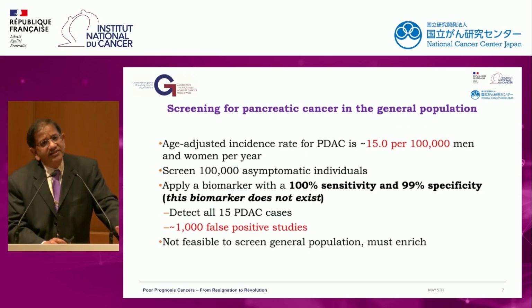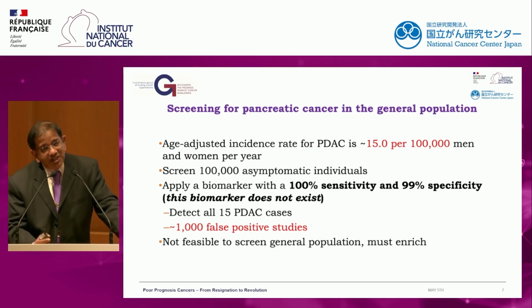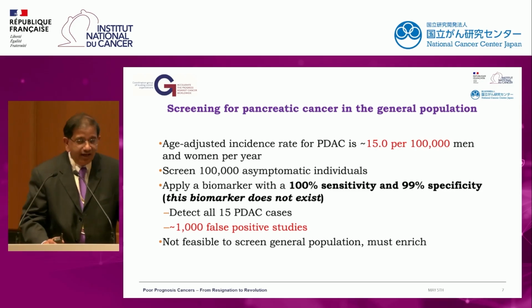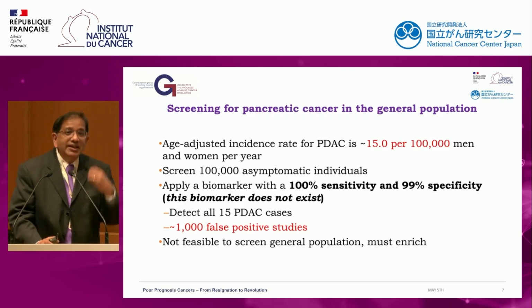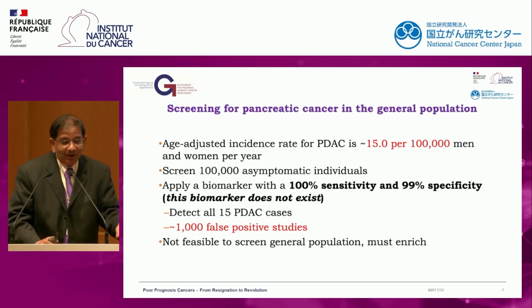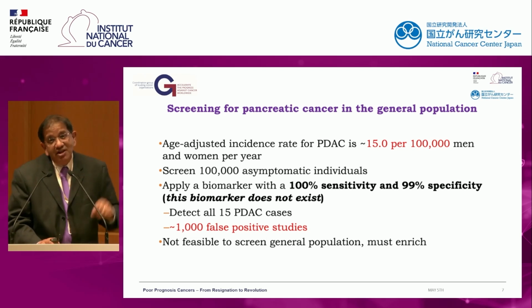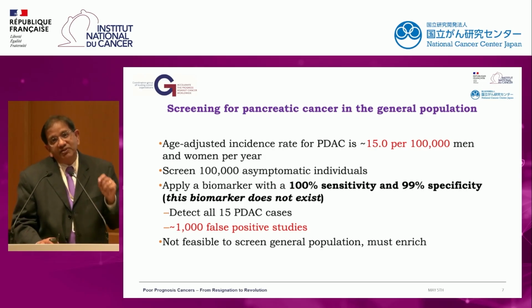And why is that? The simple answer is the incidence rate, the population prevalence of pancreatic cancer, which is about 15 per 100,000 in the US. Even if you had the best biomarker, and I know that Klaus is working on that, but at this point it doesn't exist. Let's just say you have a hypothetical biomarker that has 100% sensitivity, which means it doesn't miss any patient with pancreas cancer, but 99% specificity, which means it yields 1 false positive per 100.